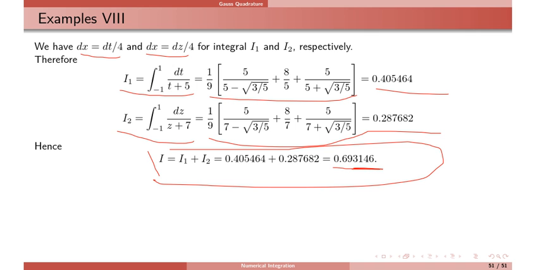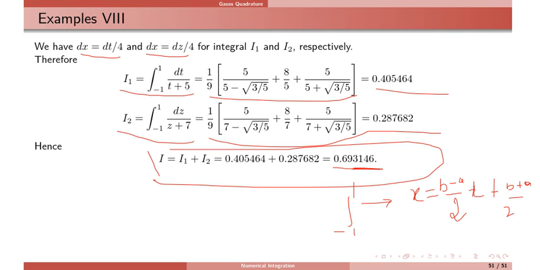One important point in Gauss-Legendre is that these formulas were derived from minus 1 to 1. So to apply these formulas, don't forget to change your limits by using x equal to (b minus a) by 2 t plus (b plus a) by 2.